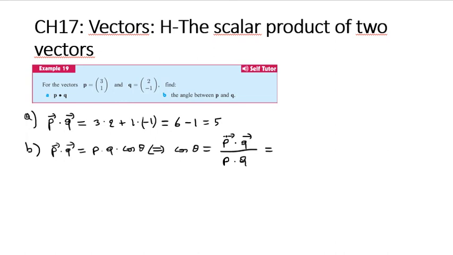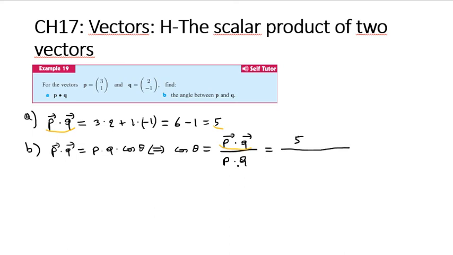We know the numerator because we already calculated that in A, that is equal to 5.